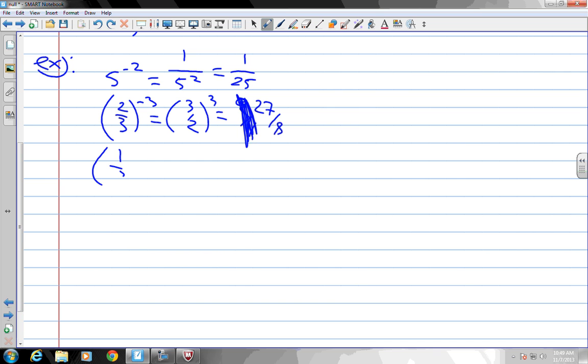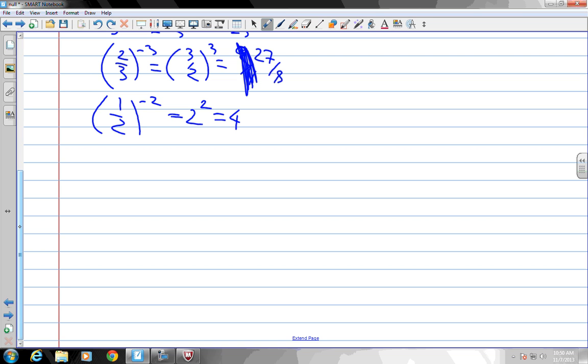How about 1/2 to the negative second power? Yeah, so just flip the 1/2, that becomes 2 squared, so that's 4. Okay? So again, a negative exponent just flips the fraction. Are you okay with that?